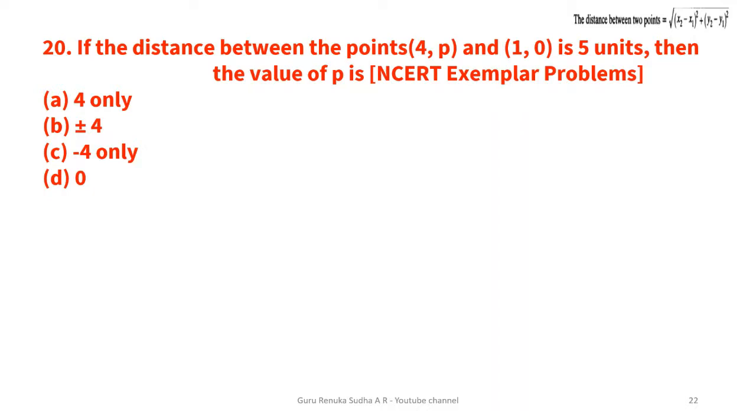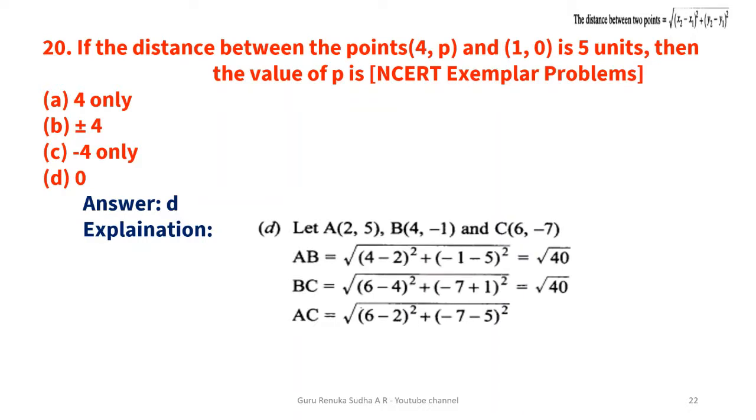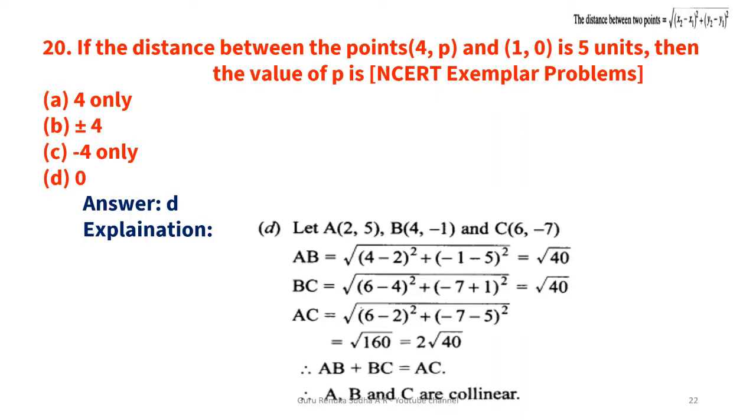So here you have to use the distance formula, substitute the values x1, x2, y1, y2 and then calculate, and then you can easily get the answer. Okay, next we move on to the next question.